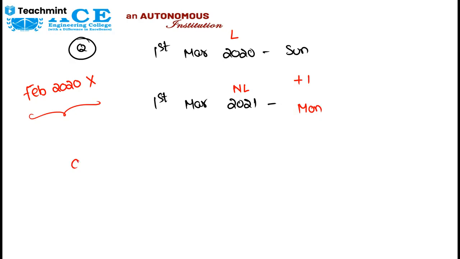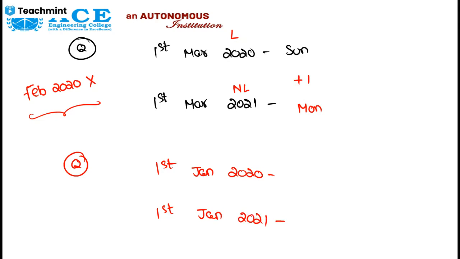Okay. Now, same example, 1st January 2020 is given. Some day I'll let you know. Then 1st January 2021. Now, what should be the relation between 1st January 2020 and 1st January 2021?